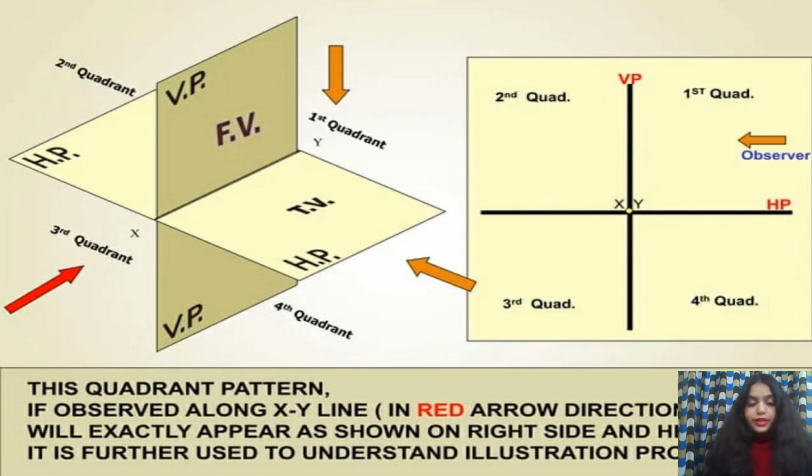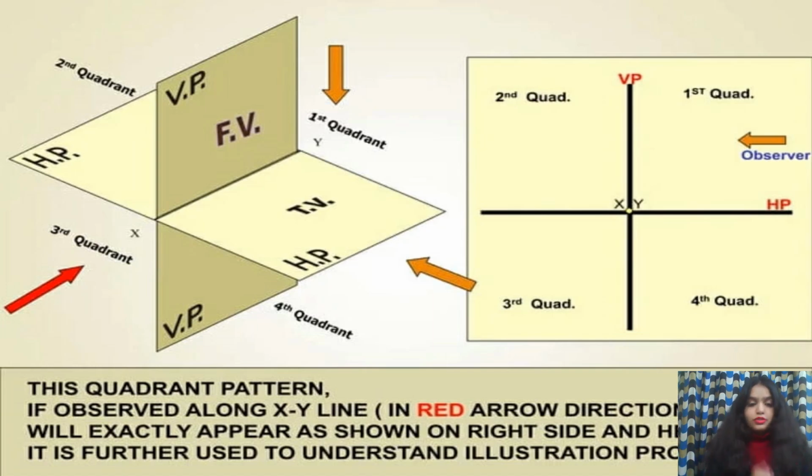Then how do we locate a point? There is a technical term. If a point is in the first quadrant, you will not say the point is in the first quadrant. You will say the point is above HP and in front of VP.